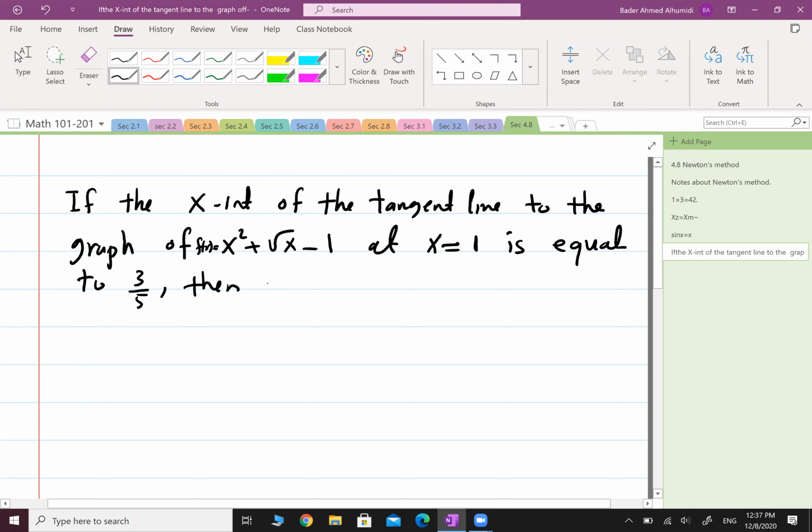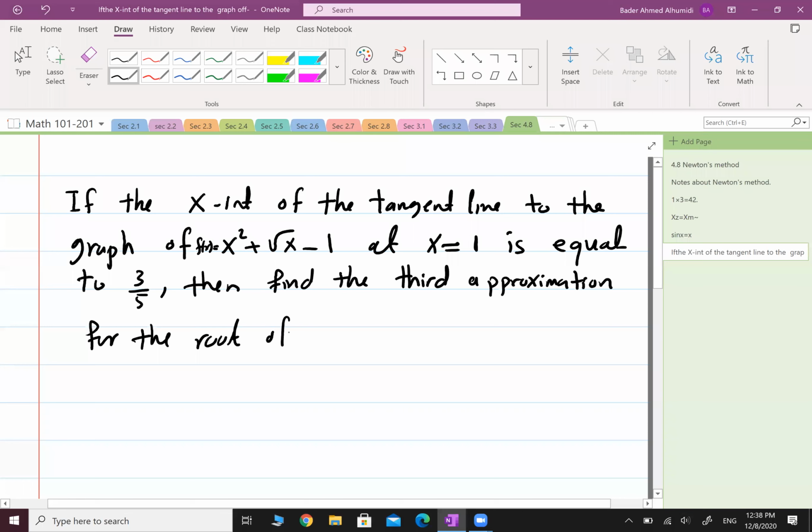Then find the third approximation for the root of this equation x squared plus radical x minus 1 equal to 0.